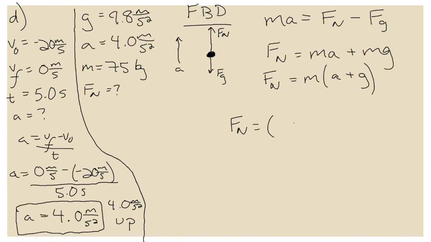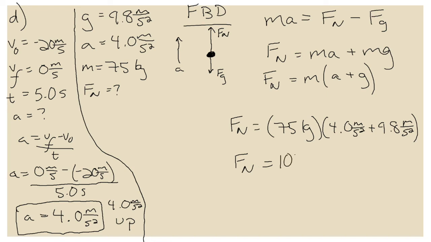And so our normal force here then is 75 kilograms times 4.0 meters per second squared plus 9.8 meters per second squared. And so to solve this for the normal force, basically we're just taking 75 times 13.8 meters per second squared. And when you do that math, you get 1,035 newtons. We're not going to go nuts about sig figs for this problem.